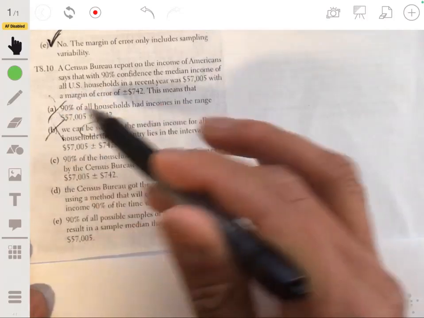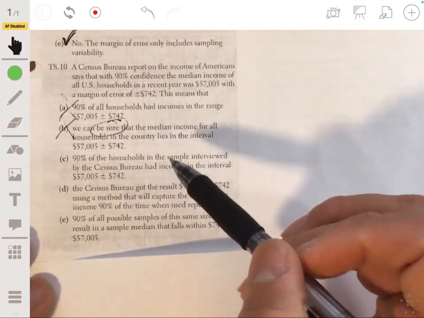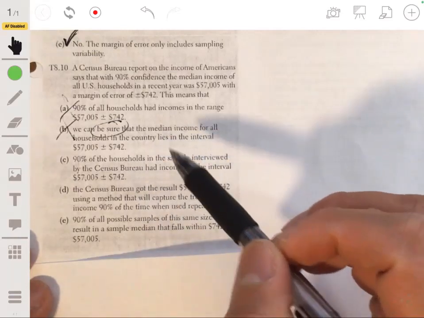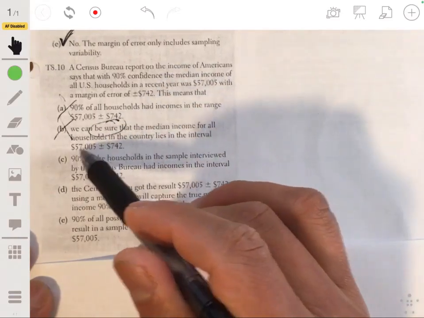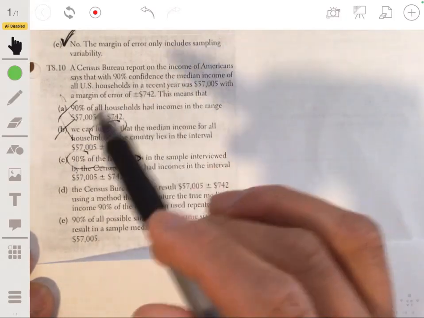C says 90% of the households in the sample interviewed by the Census Bureau had incomes in an interval. Again, it's not talking about 90% of the households. I think these ones are trying to trick you.